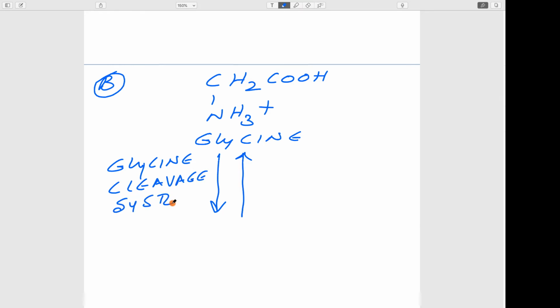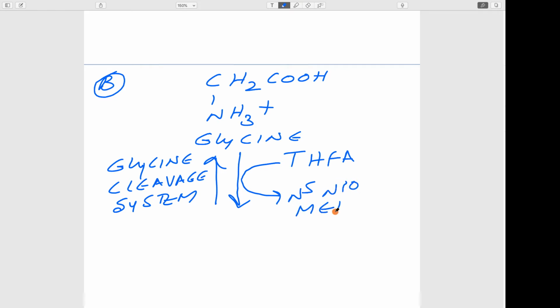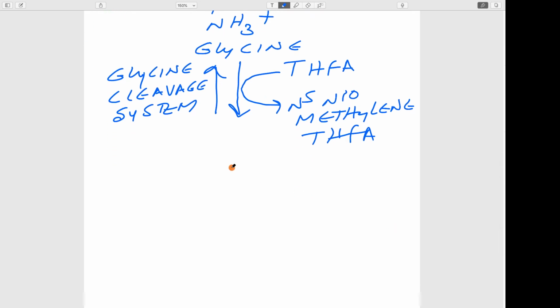In the glycine cleavage system, THFA is converted to N5, N10 methylene THFA, leading to formation of CO2 plus NH4.